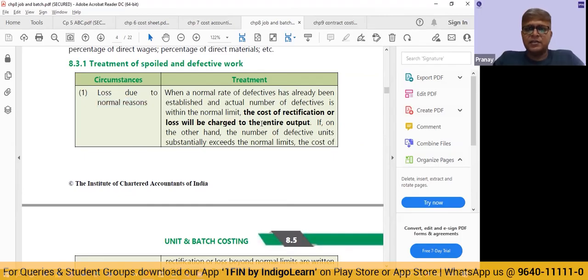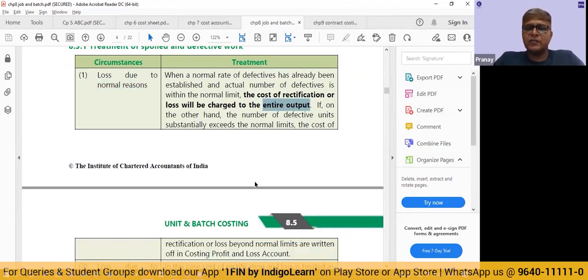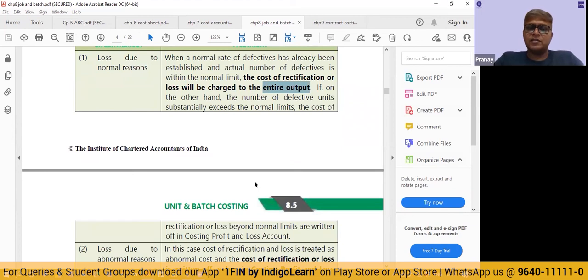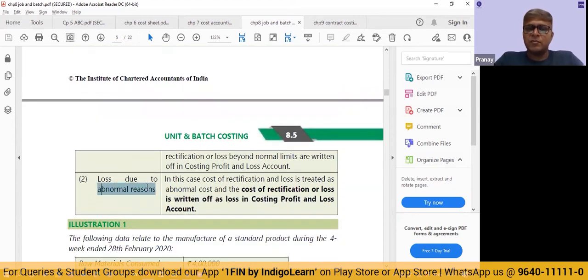So it will be charged to the entire output. It will be charged to the good units. But loss due to abnormal reasons will always go to costing P&L. So whether it is job costing, batch costing, unit costing, process costing, or whatever type of costing that we do, anything abnormal goes to costing P&L. My good units are never going to absorb that.